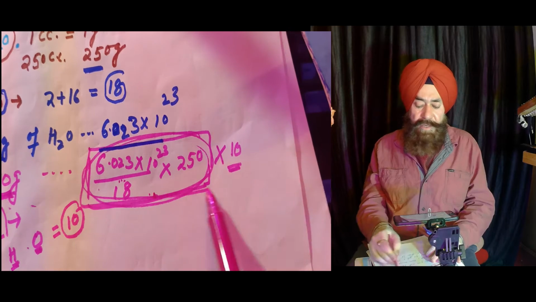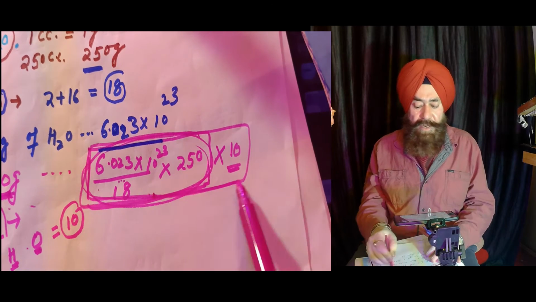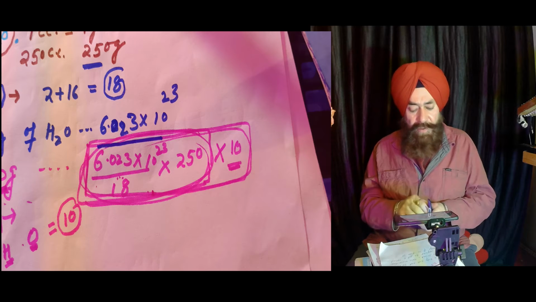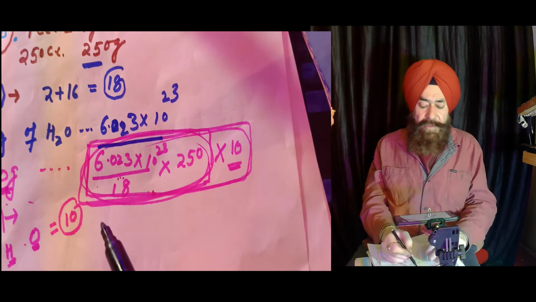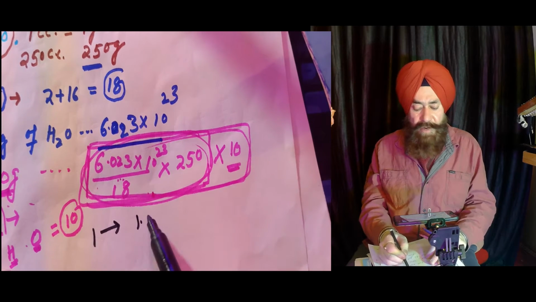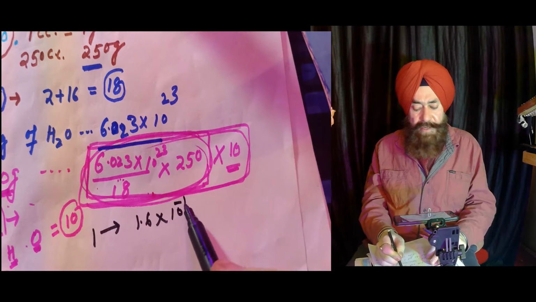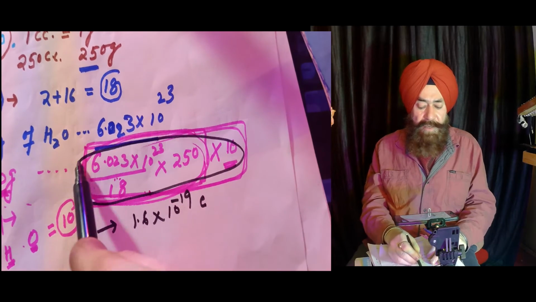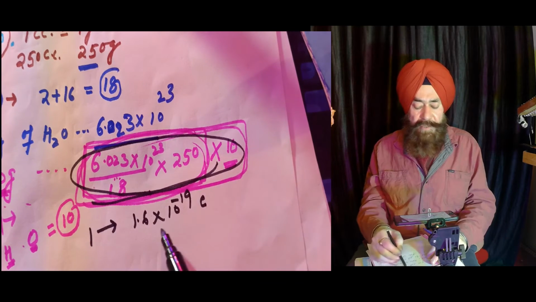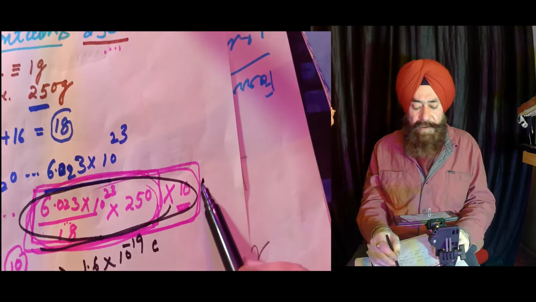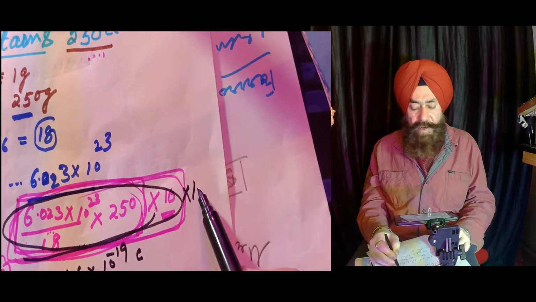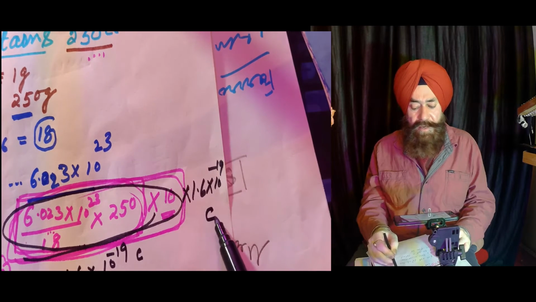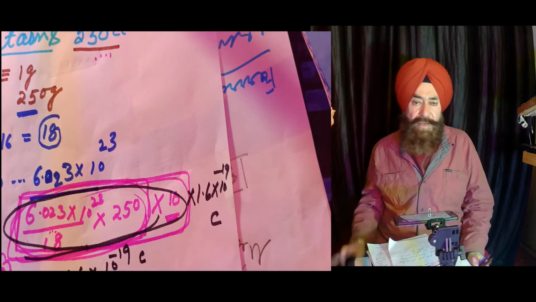Now we get the total electrons. Now we need the charge. Very simple. 1 electron has charge 1.6 into 10 raised to power minus 19 coulomb, and you have so many electrons. So this multiplied by 1.6 into 10 raised to power minus 19 will be the answer in coulomb.